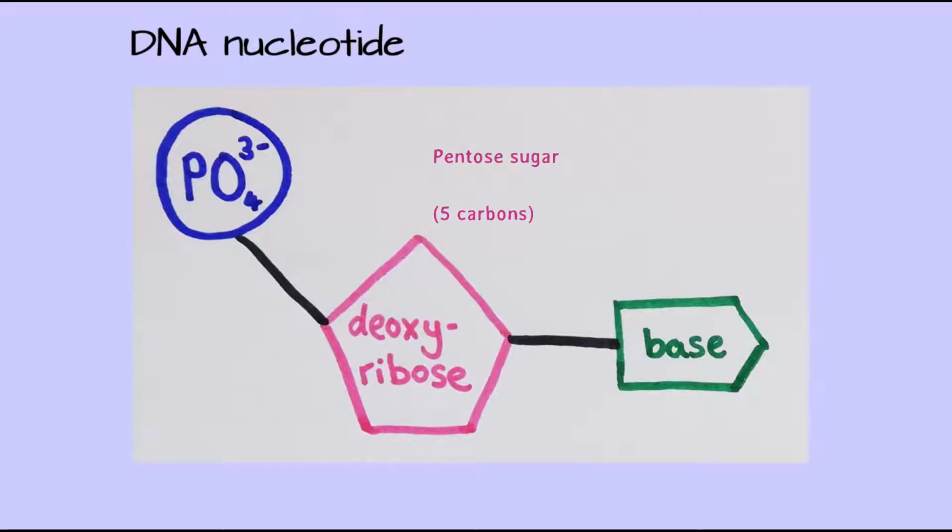The monomers of DNA are called nucleotides. Let's look at the structure of a DNA nucleotide now. We have a pentose sugar called deoxyribose in the middle. Pentose means the sugar has 5 carbons. On one end of the sugar is a phosphate group, and on the other end is a base.